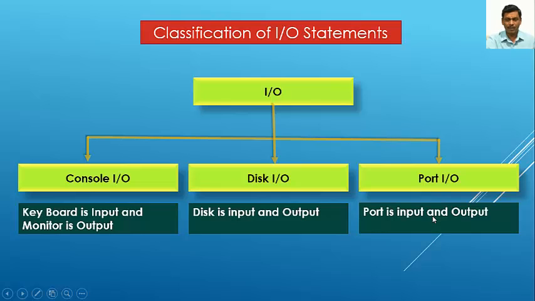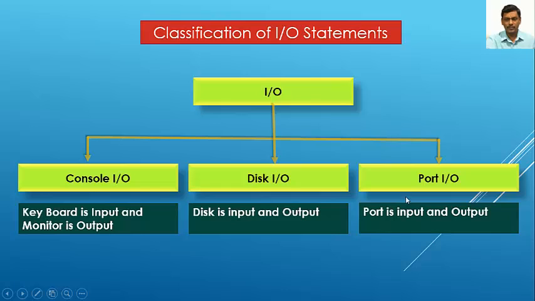If we want to give output through the port, we use port output. If we want to get the input signal from the port, that is port input. If we connect any external device to the computer and want to receive data from the external device, we use port input.